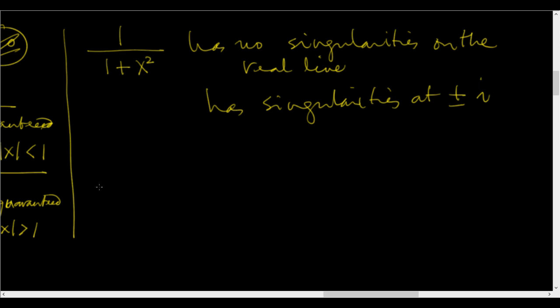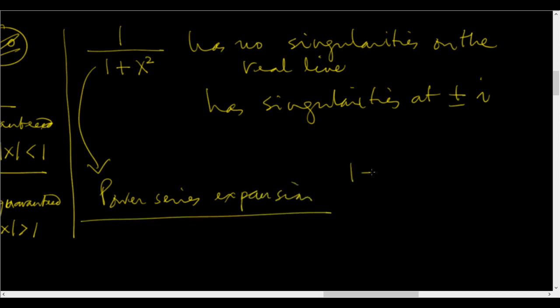This has a power series expansion which is 1 minus x squared plus x to the power 4 minus x to the power 6 and so on, which we can check in Maple, for example.